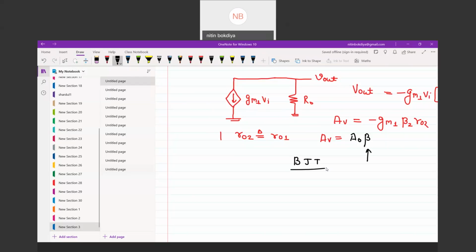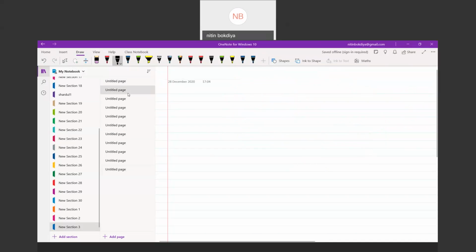Now let's analyze one. With the same logic we can analyze a MOSFET based cascode circuit.